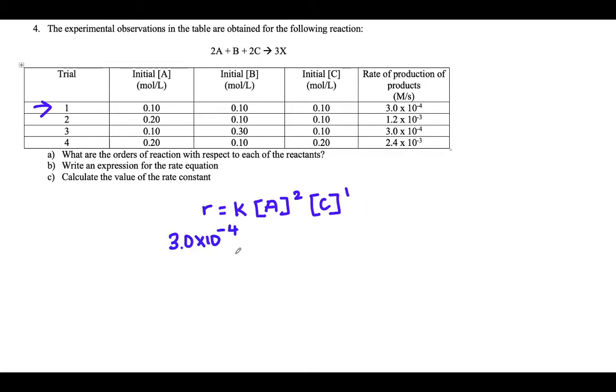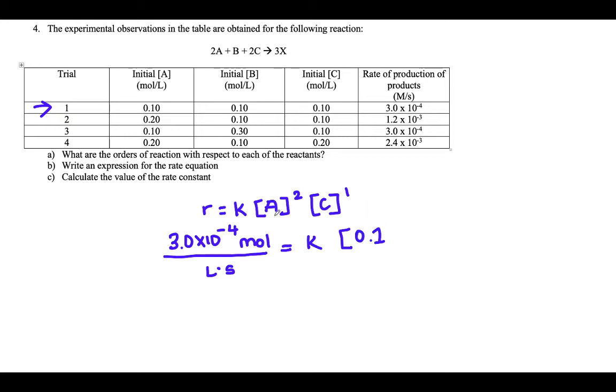Units in this question are very important because we are also finding the units of K. The unit of rate of production is big M over S, or another way of writing that is moles per liter times second, is equal to K. Then we've got the concentration of A, which is 0.1.